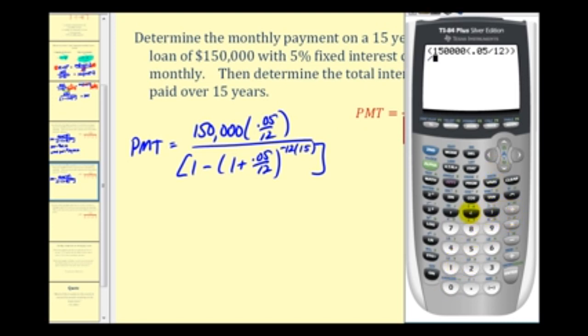There's our numerator. And again, our exponent here is going to be negative 180.